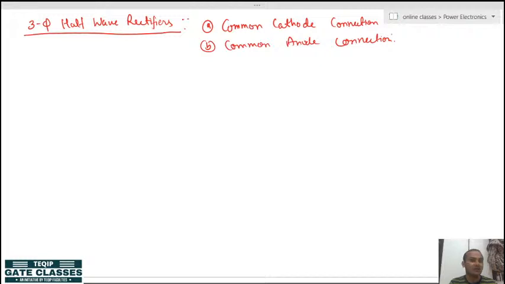If you take any controlled or uncontrolled device, either diode or thyristor, we know that it has an anode, a cathode, and a gate. Common cathode means the cathodes of all the switching devices are at the same potential. And common anode means the anodes of all the switching devices are at the common potential. So let me start with the first one, that is common cathode connection.